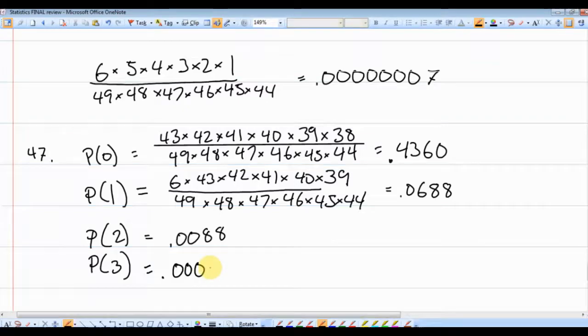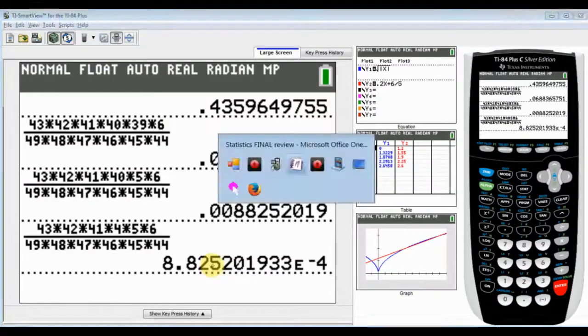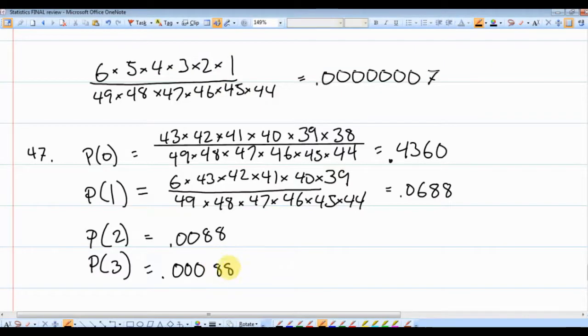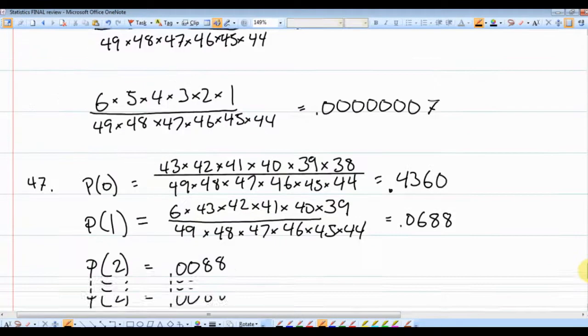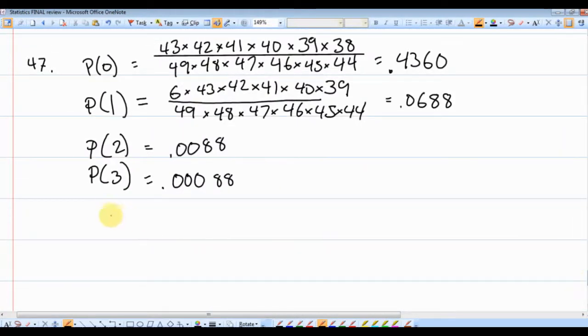Didn't we do 4 though, and 5 and 6? Three zeros and an 8. 6 times 5 times 43 times 42 times 41 times 40. Why is it not real? Okay, and we already did 4, 5, 6? Yeah. Great. What was the probability of 4? Oh, 3 is 3 zeros in it?